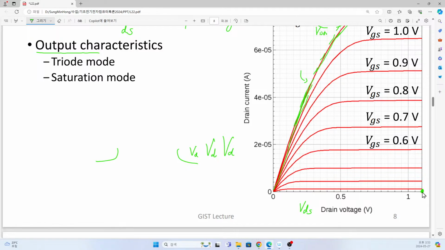Yes, off current is exactly zero in this graph, because this is just a linear graph. And now here we have gate voltage of 0.6, 0.5, 0.4, 0.3. Even when we have gate voltage equal to 0.3, we have quite a low current.